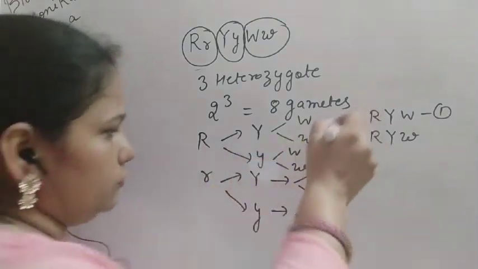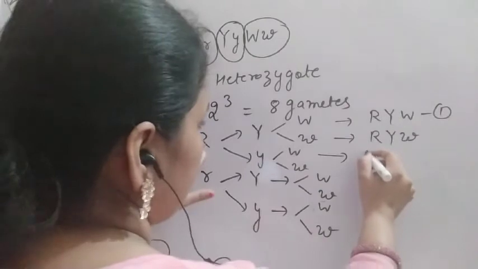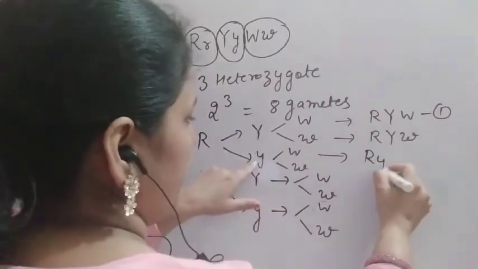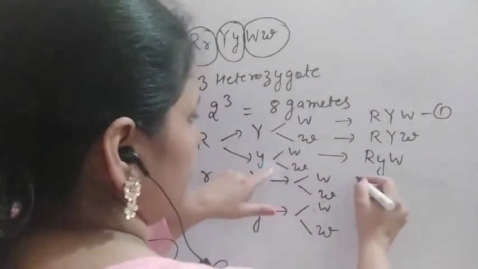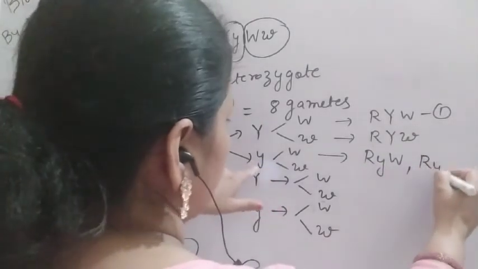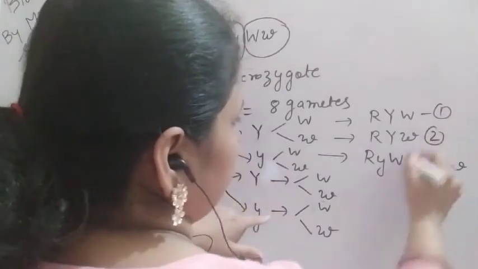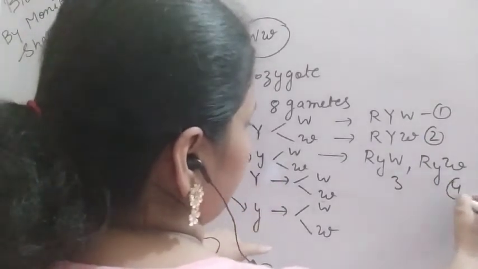So like this we have to write. Now capital R, small y, capital W, and the next is capital R, small y, small w. Second gamete, third gamete, fourth gamete.